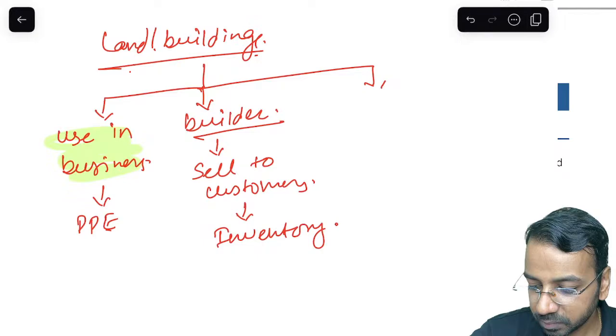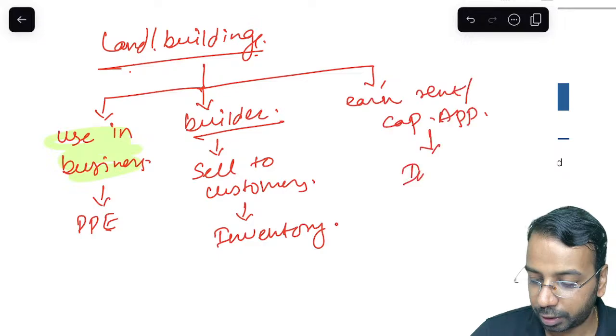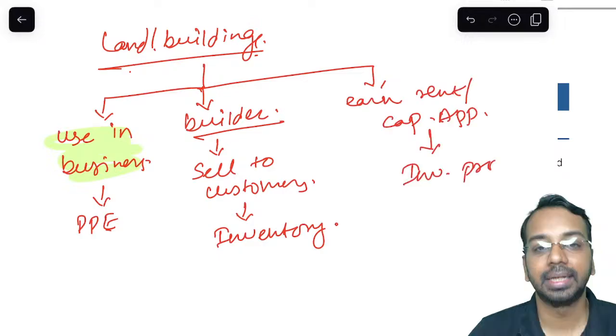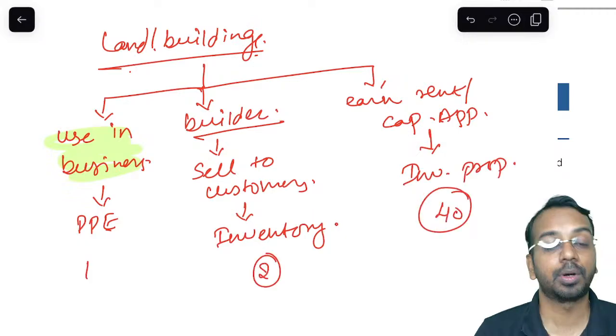If that is the intention, then we say it is an investment property, and this is covered by Ind AS 40. Inventory is covered by Ind AS 2 and PPE is covered by Ind AS 16. So the same item, depending on what is the purpose, what is the objective, can be PPE, it can be inventory, it can be investment property.